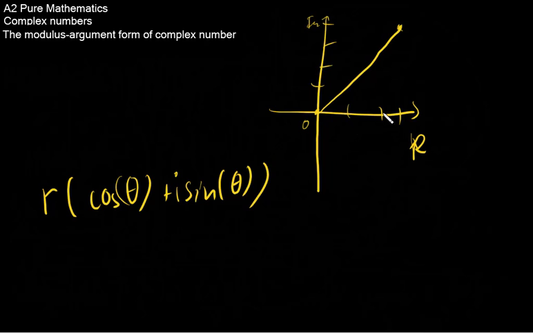We know that this will make a right triangle, with side lengths 3 and 4, and thus the hypotenuse is 5. If we have this length and this angle theta, we can get this length.